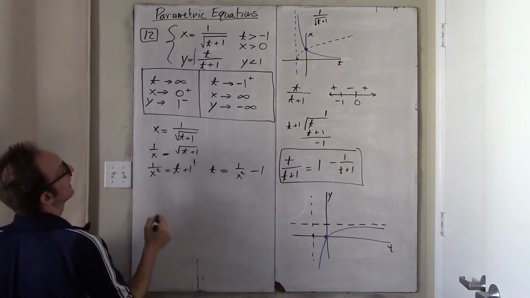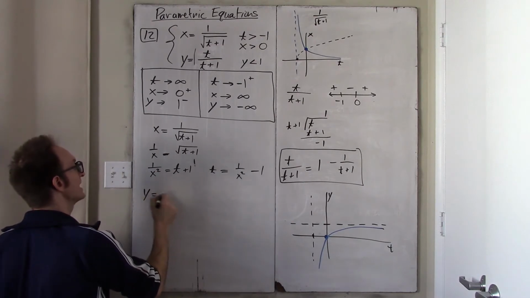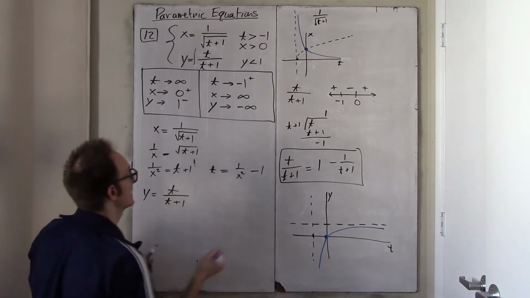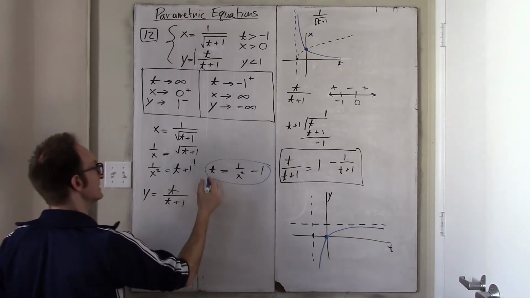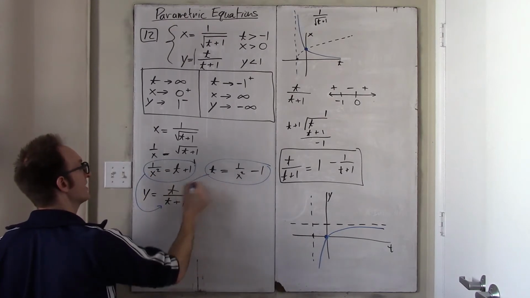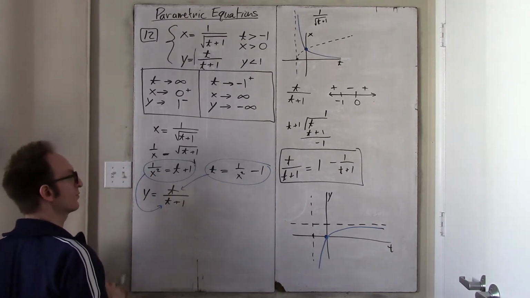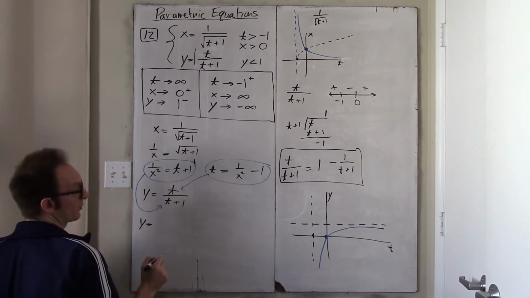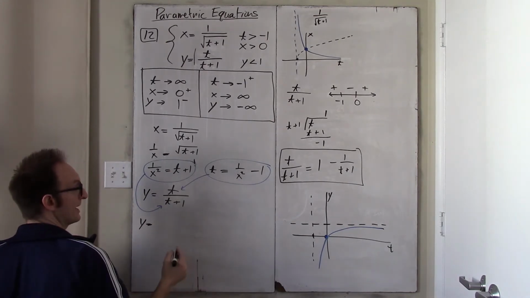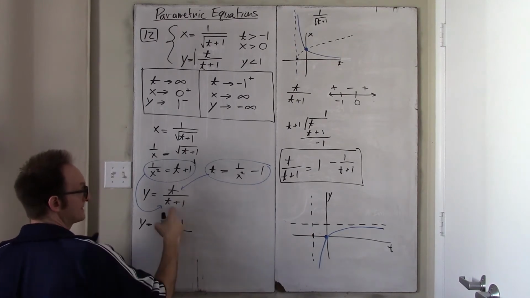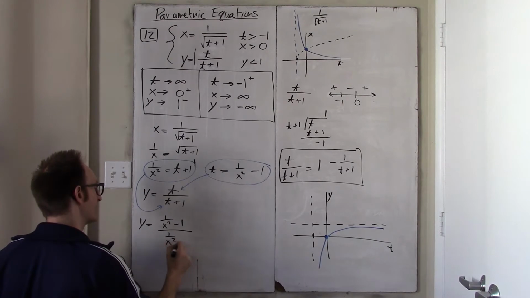And now, what's y? Well, y is t over t plus 1. There are lots of ways to do this, but this is one way, stick that there and that there. Almost no matter what math you do, it's eventually going to work out. But what do we get? We end up with y equals t, so 1 over x squared minus 1, over t plus 1, which is 1 over x squared.